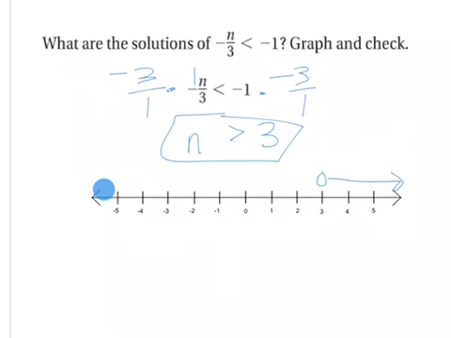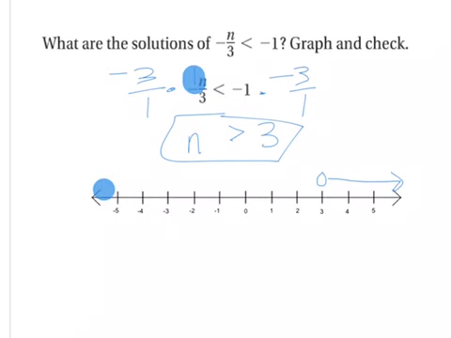All right, guys, so this was a little try problem. We had to solve negative n over 3 is less than or equal to negative 1. One of the things that you can see that I did right here was that I thought, well, negative n over 3 is the same as negative 1 n over 3. And so that's a fraction.